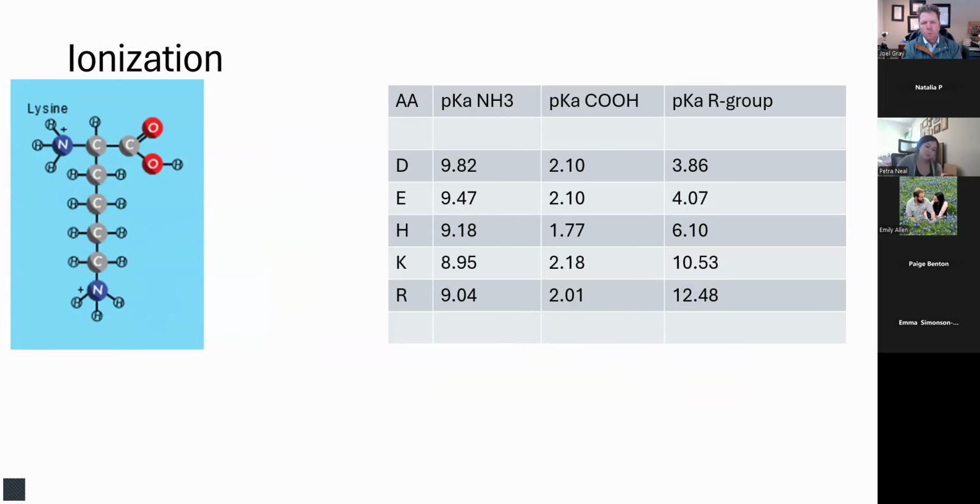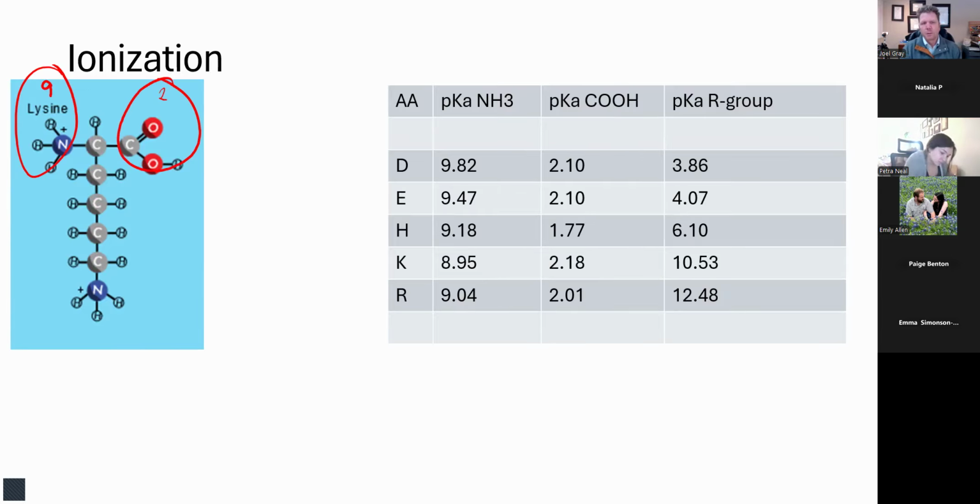I'm not going to ask you to memorize them, but I do want you to have a rough idea of approximately what their value is. So the N-terminal pKa is typically around 9. If I were to draw any random amino acid, I would expect the N-termini to have a pKa of about 9. The C-termini is going to be closer to about 2.